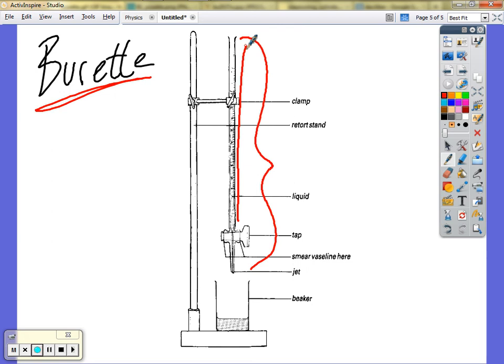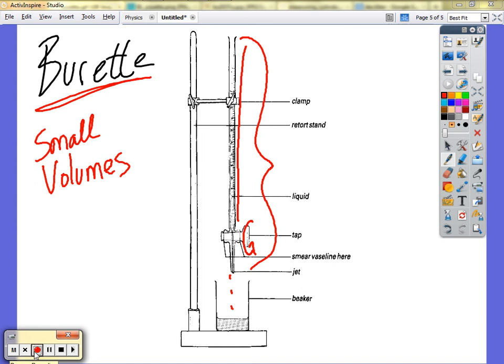And this little tap, when you turn it, it allows it to drip out 1 drop at a time. So it allows you to measure really small volumes. When you're trying to measure acid, you can get even smaller volumes by diluting it halfway. But yeah, burettes are used to measure small volumes.